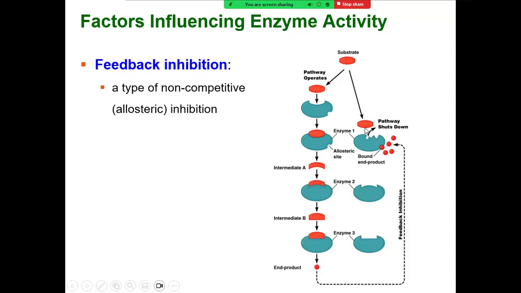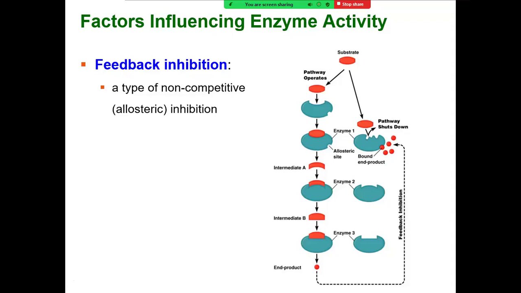And so there's an upper limit that the end product can be and a lower limit that the end product can be. In the upper limit, there's enough end product that it shuts down all of the enzymes. No more end product will be made.